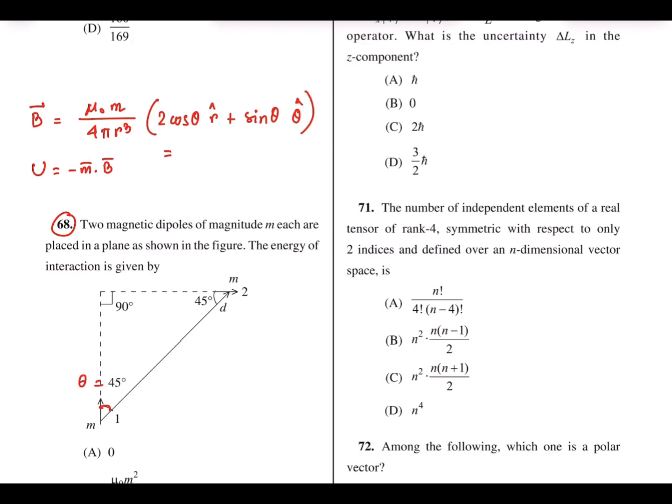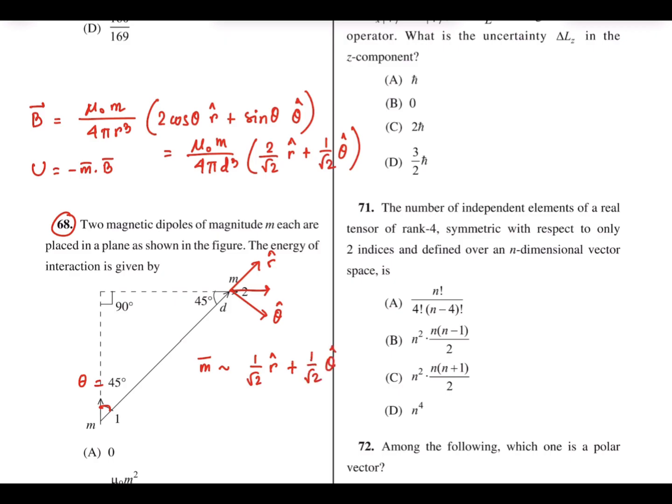So the magnetic field can be written as mu naught m divided by 4 pi d cubed times (2 by root 2 r cap plus 1 by square root of 2 theta cap), where this would be the r direction and this would be the theta direction. The second magnetic dipole is pointed in this direction, so we could write it as 1 by square root of 2 r plus 1 by square root of 2 theta cap.